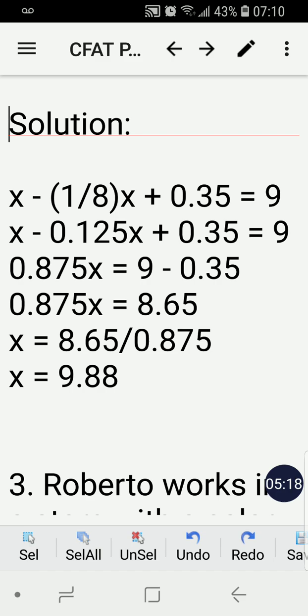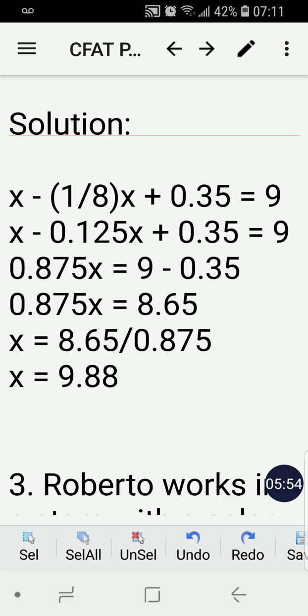So x minus 1/8x plus 0.35 is equal to 9. That's the original equation. Now what I did here is to simplify 1/8 x. So 1/8 is equal to 0.125. So then we have x minus 0.125x plus 0.35 is equal to 9. x minus 0.125x is equal to 0.875x.